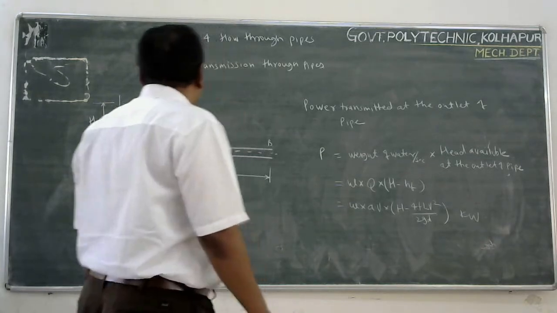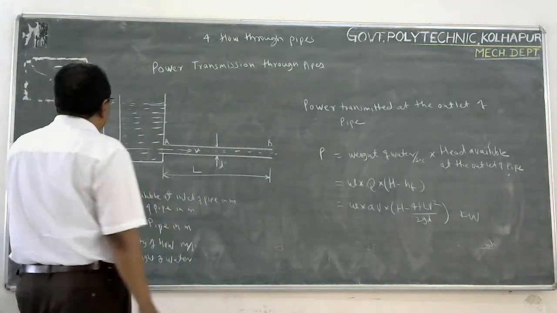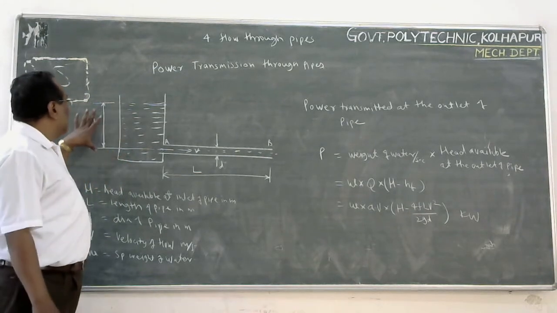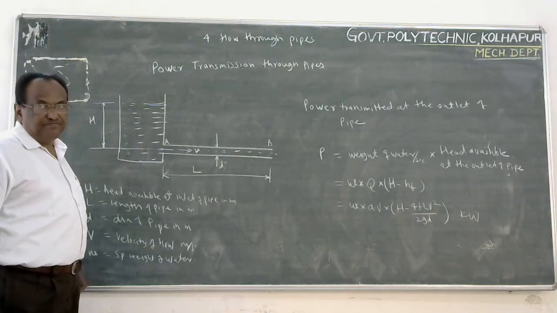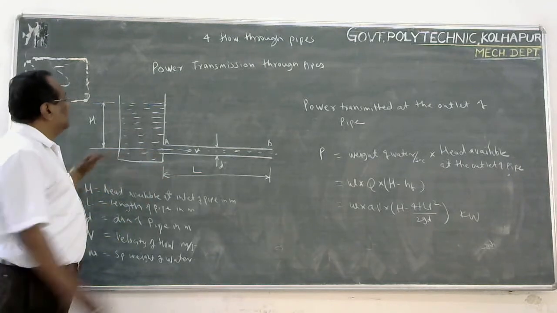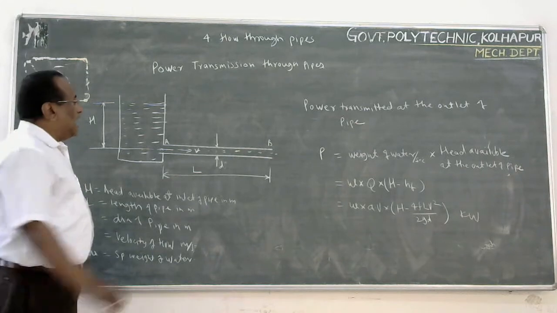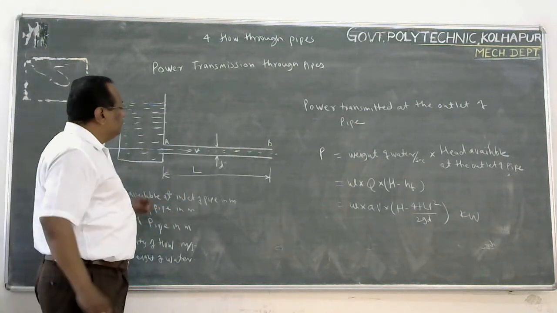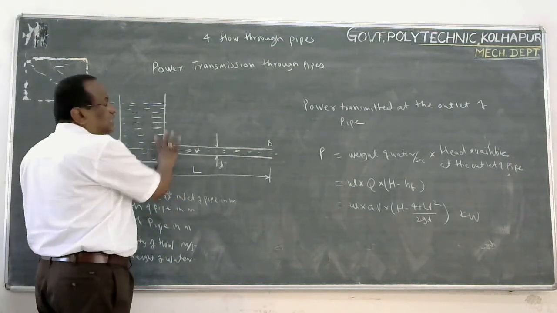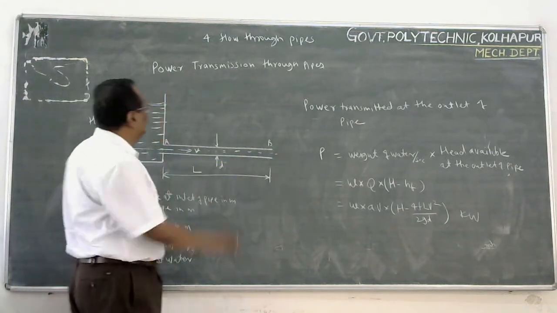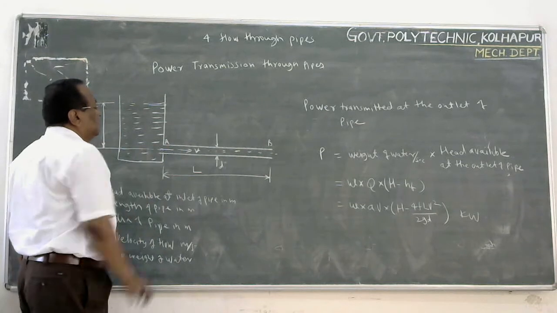isn't it? Consider a tank having water stored up to a height h, isn't it? This height is calculated above the center line of the pipe. And a pipe AB is attached to this tank, whose one end is open and one is attached to the reservoir.